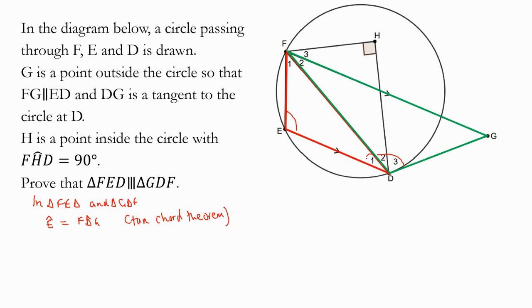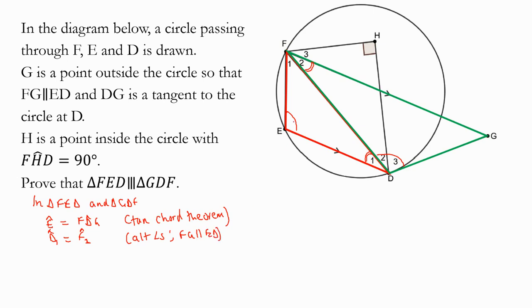And then we have this angle D1 and angle F2. So angle D1 is equal to angle F2, because we have alternate angles, since FG is parallel to ED.